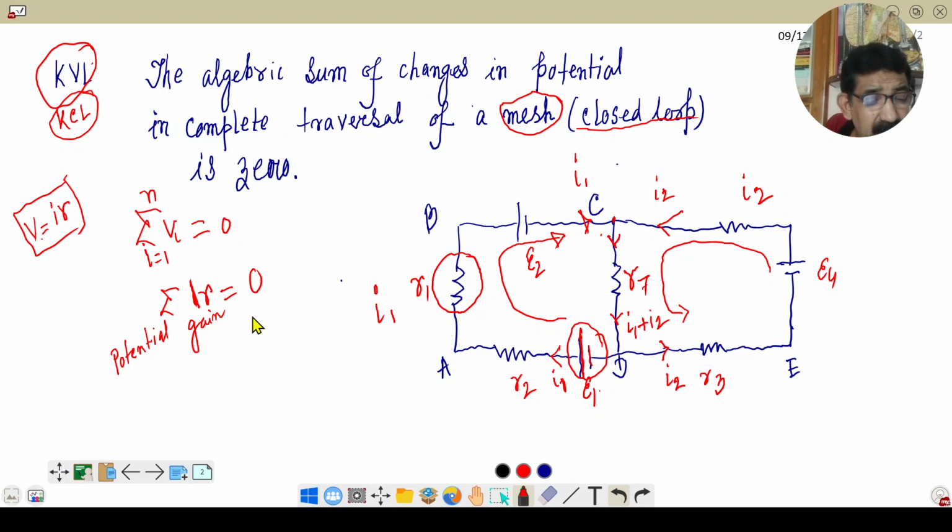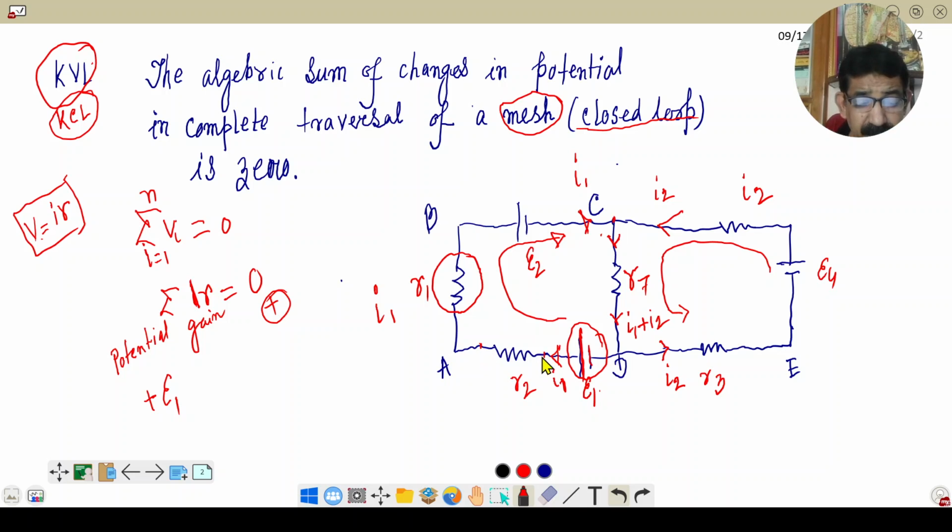In case of potential gain, it is positive. Potential gain means positive. So E1 is positive.